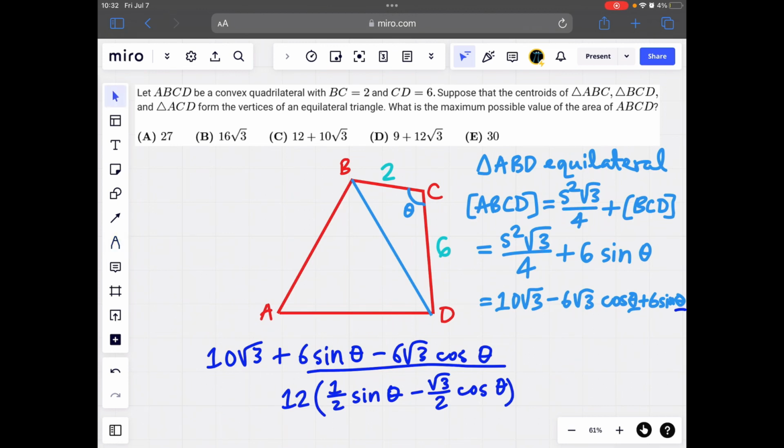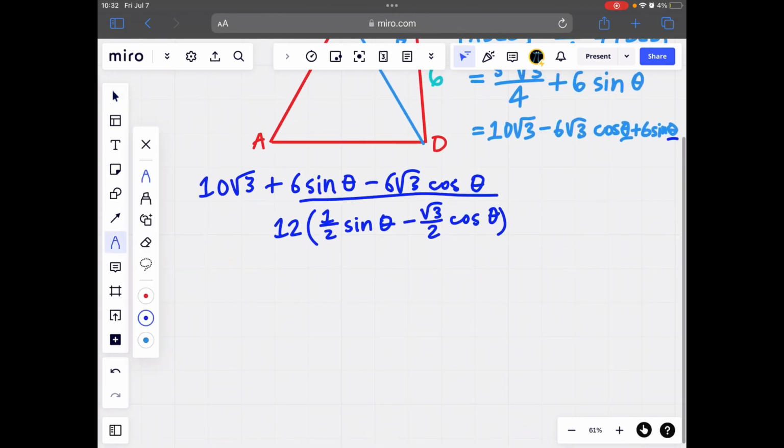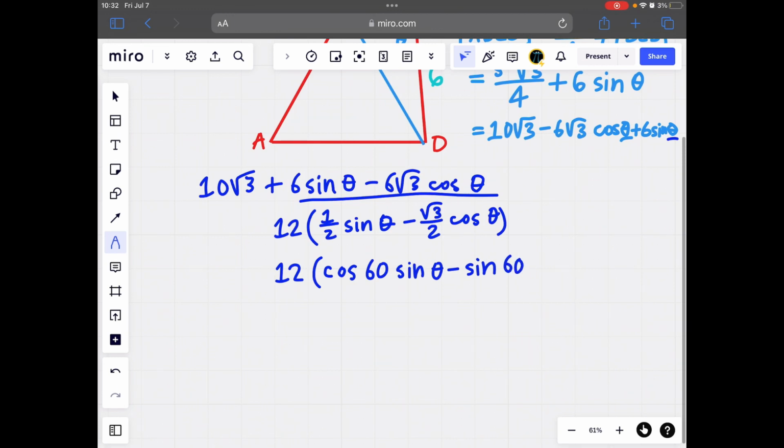And 1/2 and root 3 over 2 are the cosine and sine of 60 degrees respectively. So we can just express this as 12 times cosine 60 sine theta minus sine 60 cosine theta. And this is just 12 times the sine of theta minus 60.